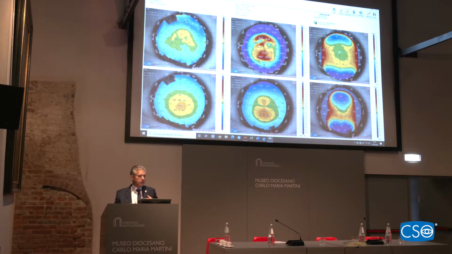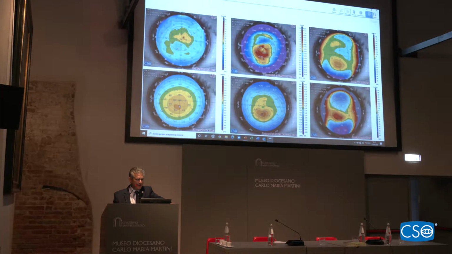In this case, it's a virgin eye, and we want to do refractive surgery on this eye, so we're screening for keratoconus, right? If you look at this map, you can say, well, maybe something is not right. Let's look at the other eye, the right eye.